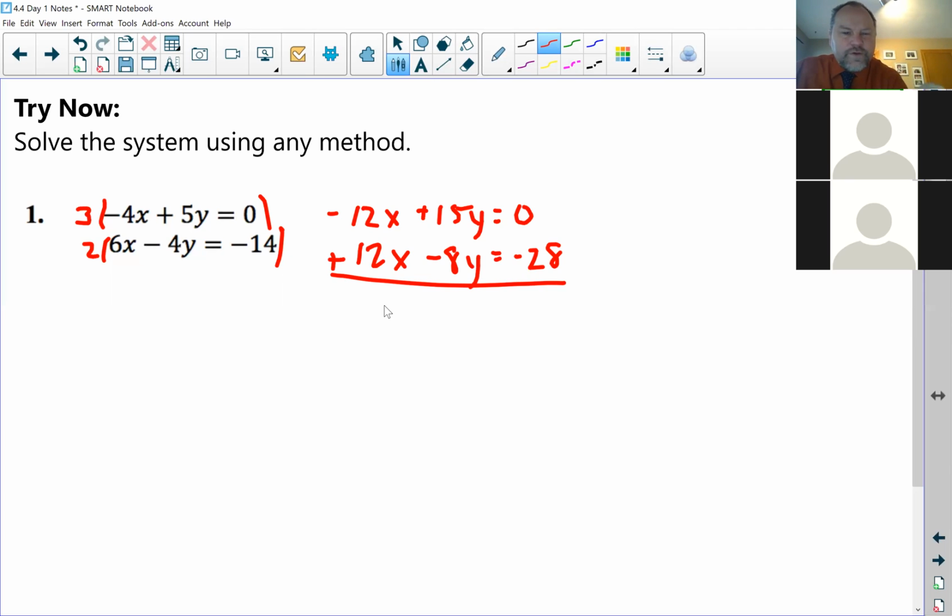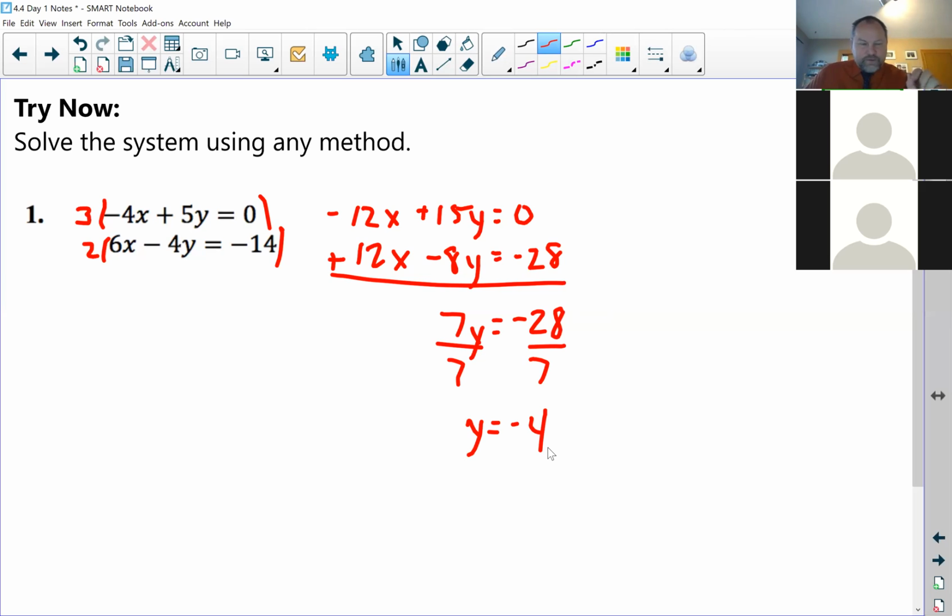The negative 12x and 12x, they cancel out. 15y plus negative 8y is 7y. Equals negative 28. Divide by 7 for y equals negative 4.